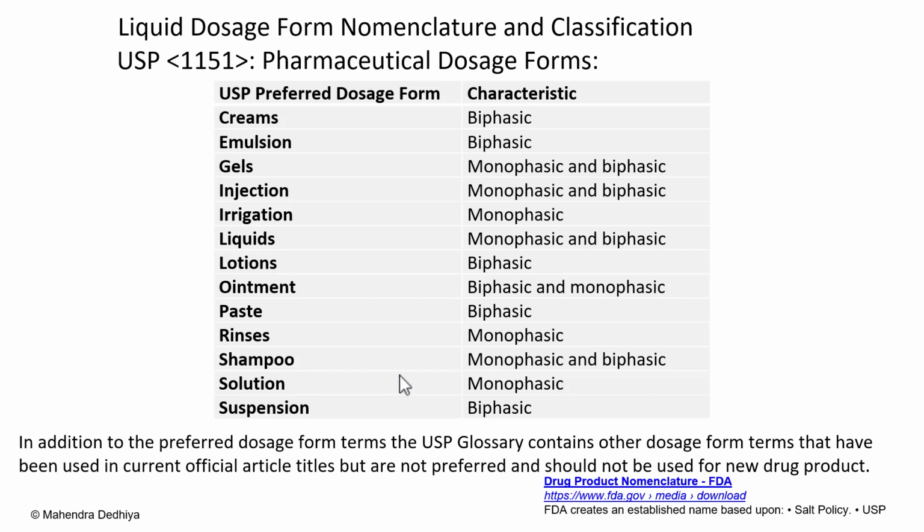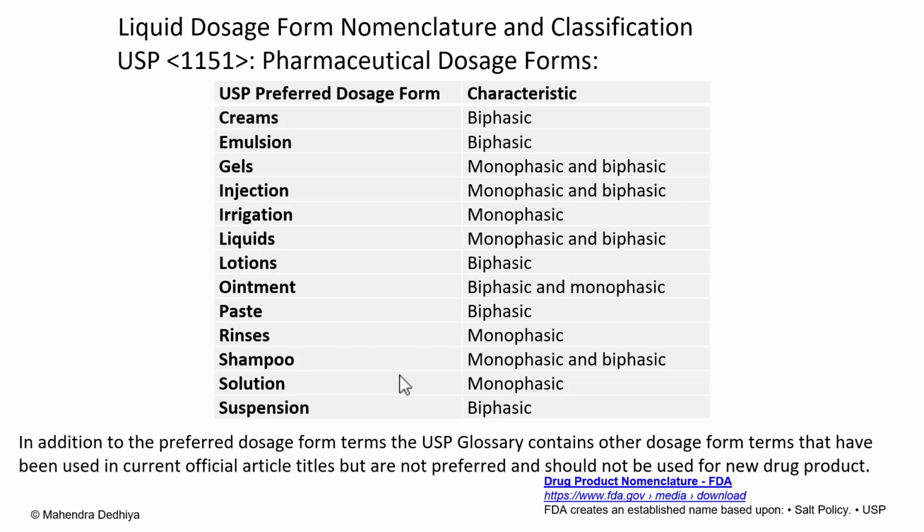They include creams, emulsion, gel, injection, irrigation solutions, liquids, lotions, ointment, paste, rinses, shampoo, solution, and suspension. Each of them are either biphasic or monophasic, or can be both monophasic as well as biphasic. For example, emulsion would be a biphasic, whereas a solution will be a monophasic.